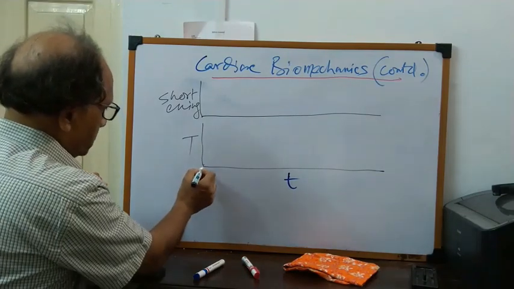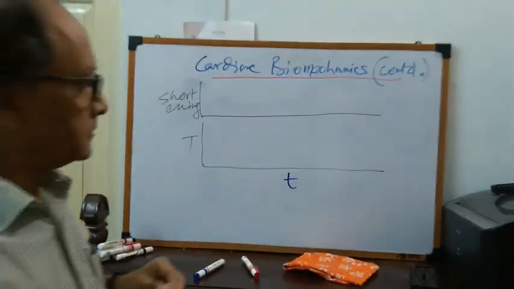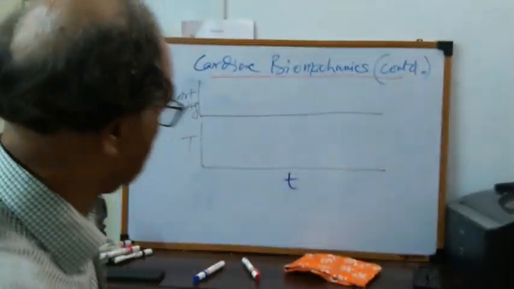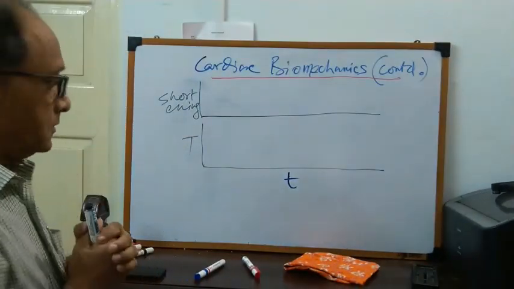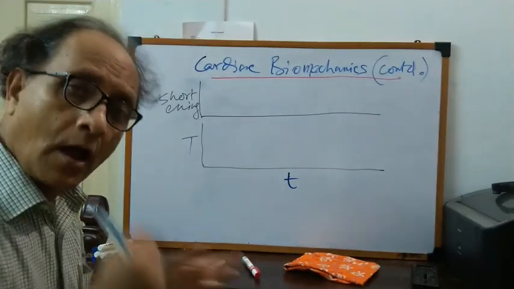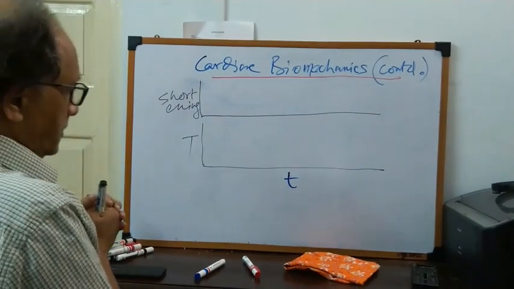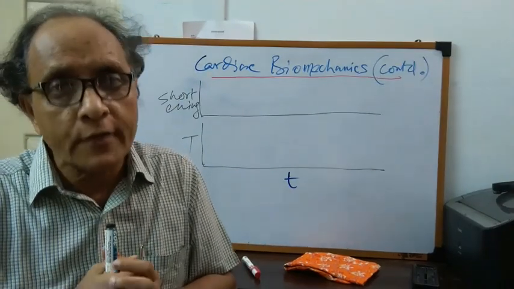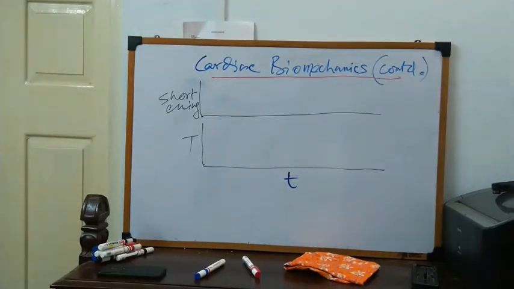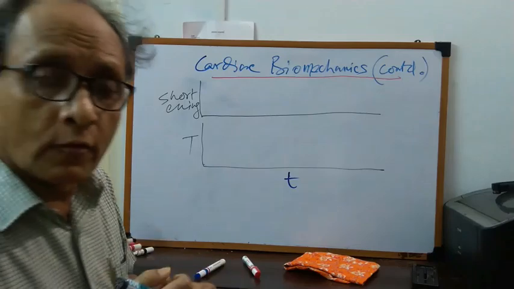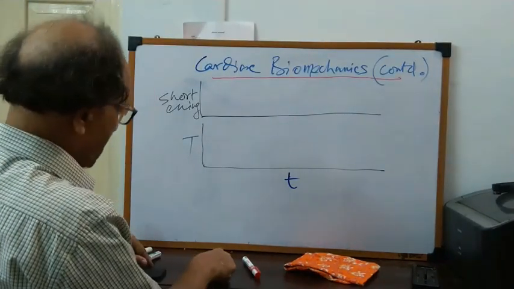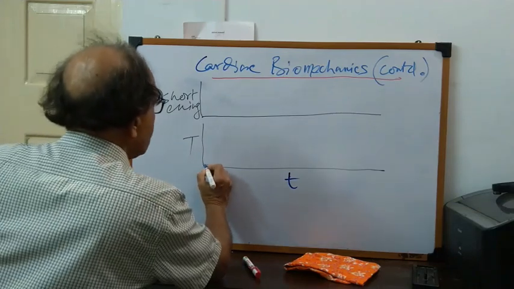Now suppose a stimulus is applied. Just try to think about the muscle which I have drawn just now. When the stimulus is applied, the initial part is isometric contraction. So there is an initial isometric contraction. What will happen in the initial part of the isometric contraction?